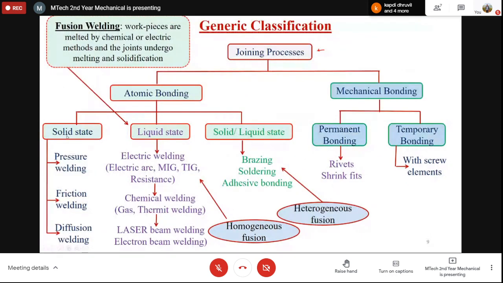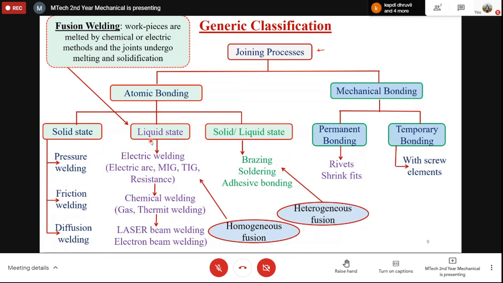So what is the difference between solid and liquid state joining? When we are heating the metals or base metals which we want to join up to their melting point, they go to a liquid state, and then we join them and allow them to cool.